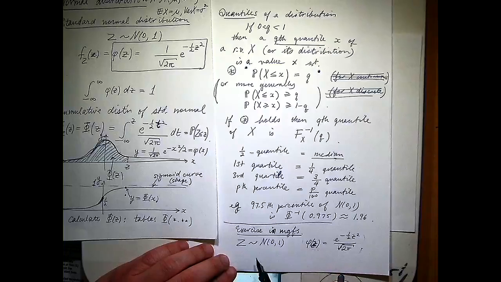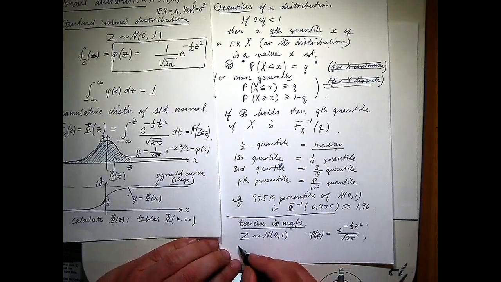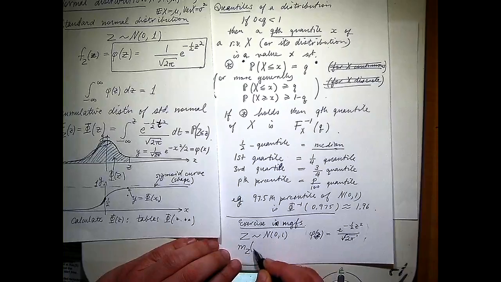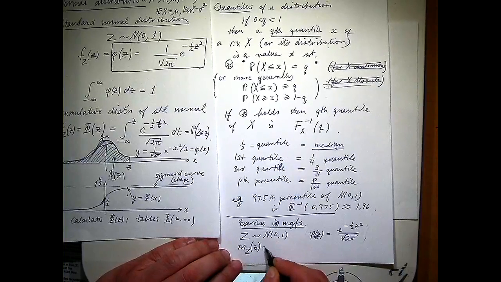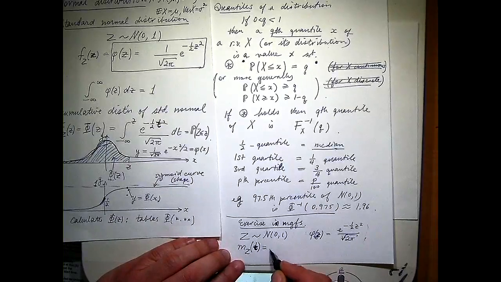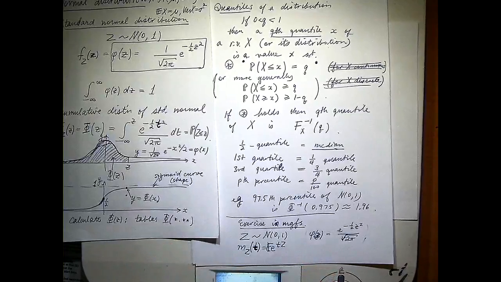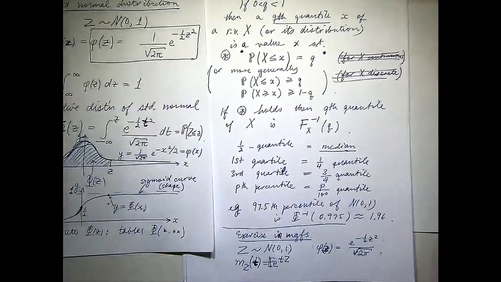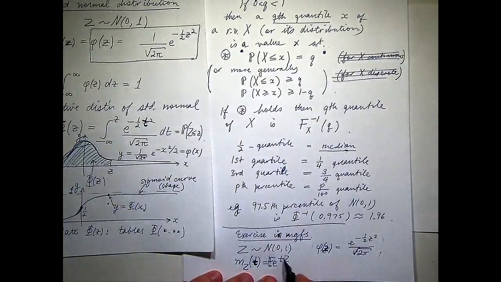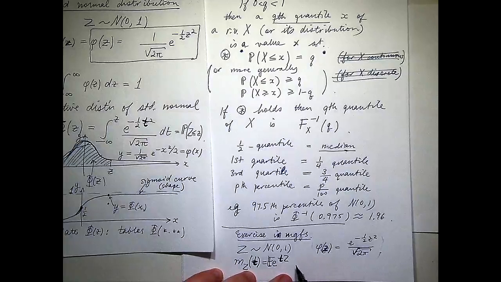So that's useful in evaluating the MGF, M subscript Z of little t. The MGF conventionally takes t as a parameter, and is the expected value of e to the t times the random variable. It's a function of t, but it depends on the exponential of the random variable's expected value.